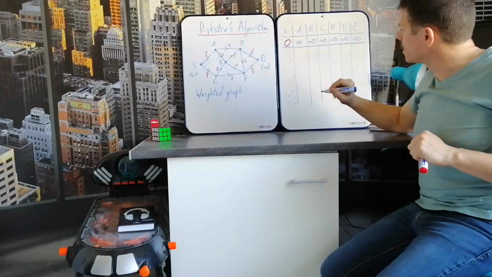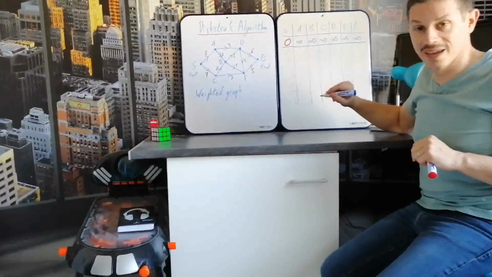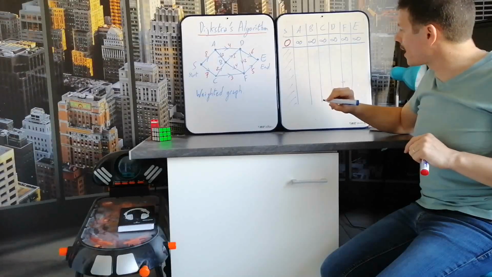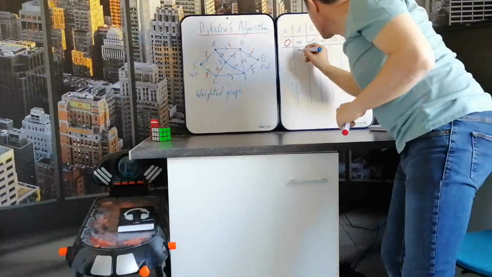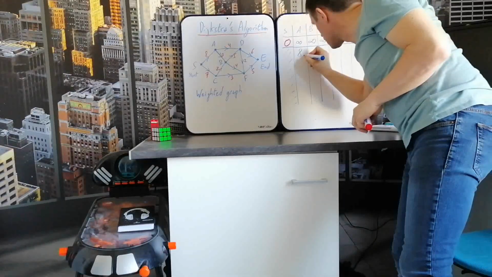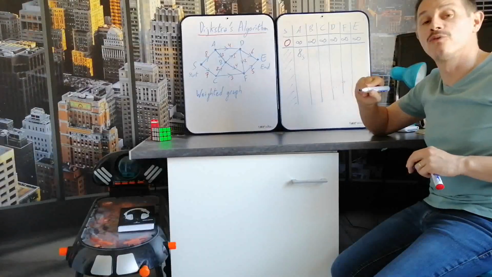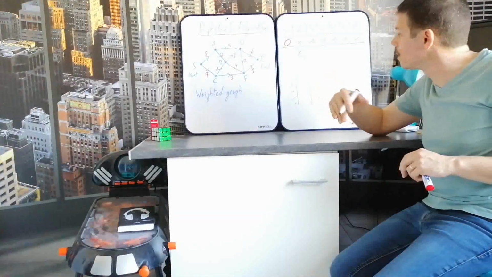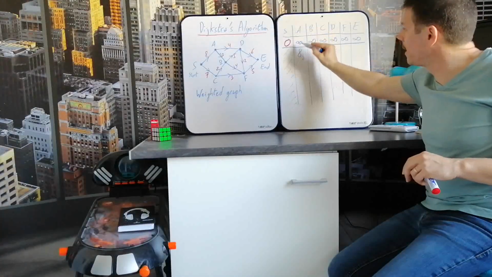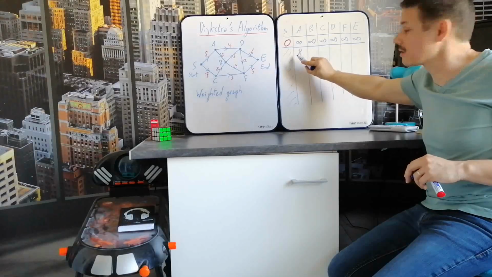So if I am at S, I can go to A, and the distance will be 8. So here is what I write: I write my distance here, 8, and in small the letter of the vertex where I come from, the last one. So I can go to A coming from S, and the distance will be 8.